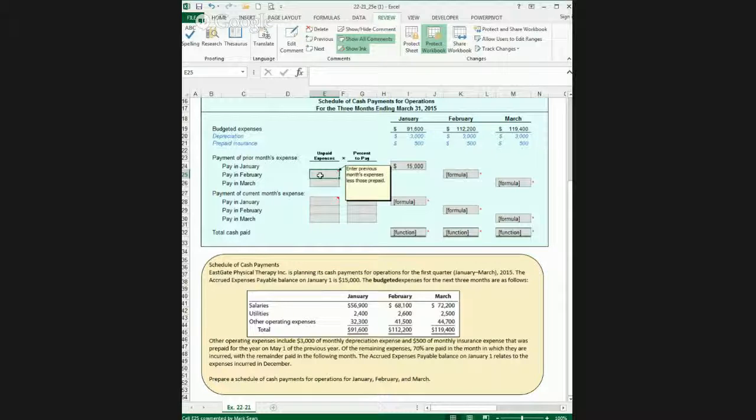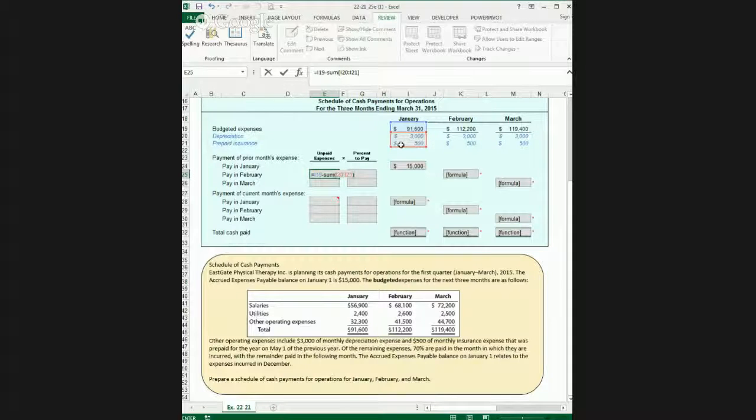So we would want to make a formula that would take the total expenses for January. Remember, we are in February and looking back to the previous month's expenses. So that would be the amount in January less the sum of depreciation and prepaid insurance, which would be the non-cash expenses.